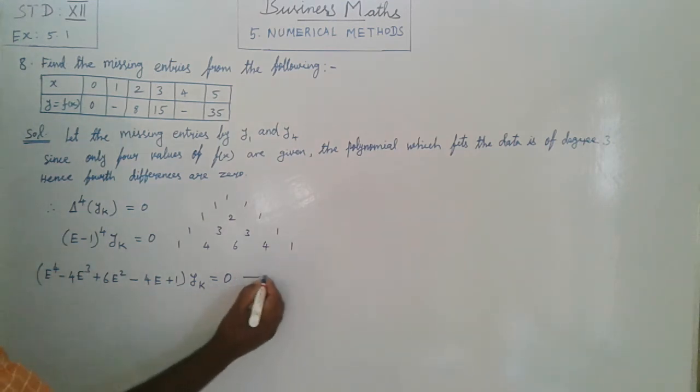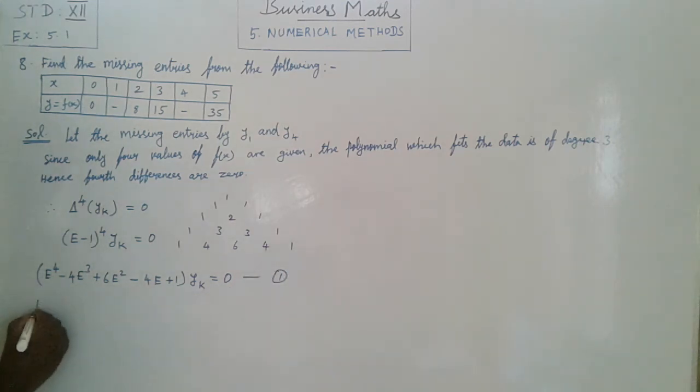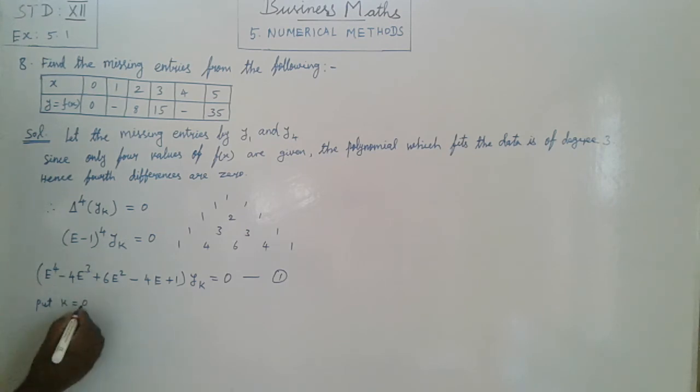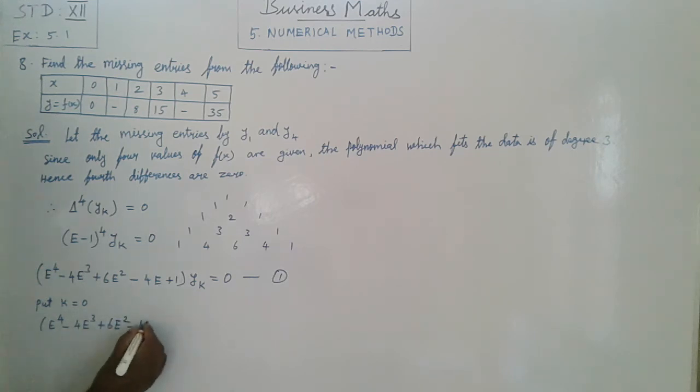This is the equation number 1. We should put k equal to 0. Then what is here? E power 4 minus 4 e cube plus 6 e square minus 4 e plus 1 into y naught equal to 0.